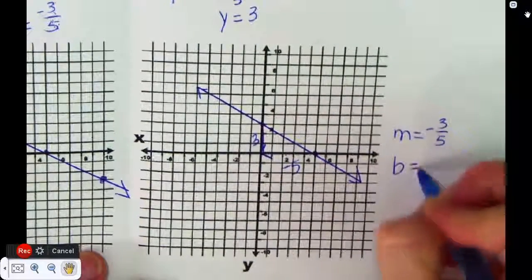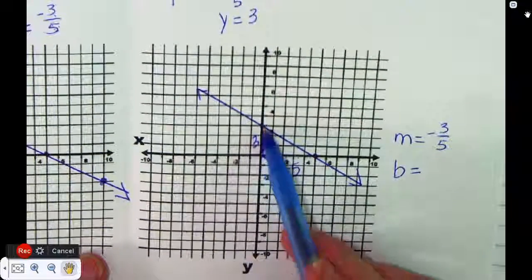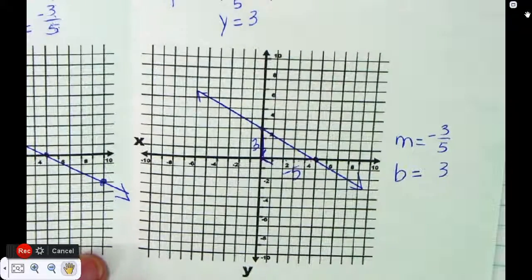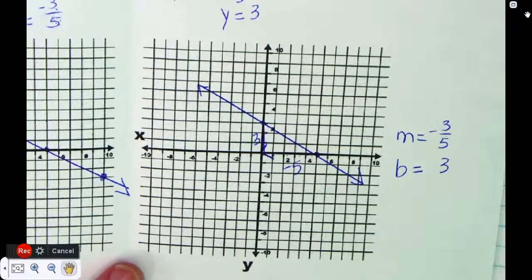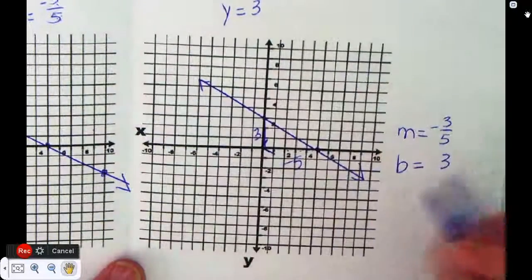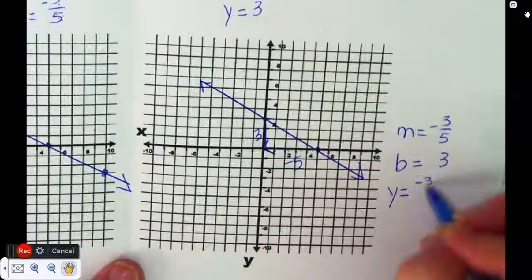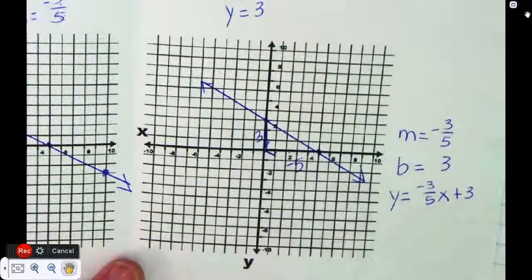And what's our B, our y-intercept? Where does it cross the y-axis? At 3. So guys, listen. We need to be able to look at the graph and write the equation in slope-intercept form. So if we're looking at this, all we've got to do is y equals, find our slope, find our y-intercept.